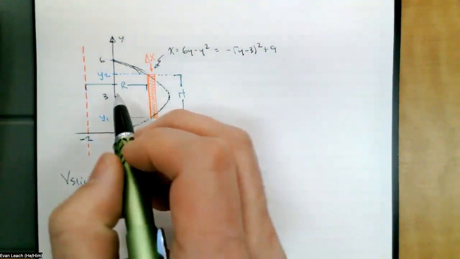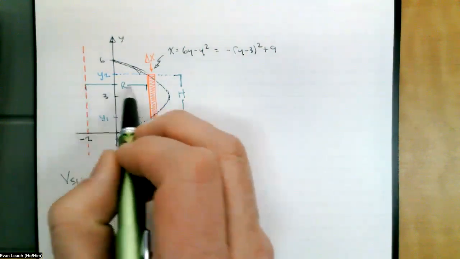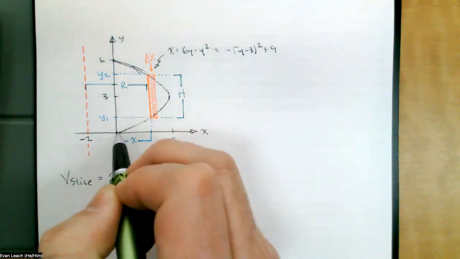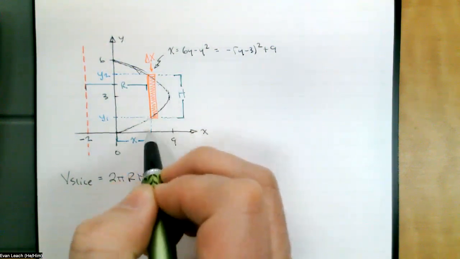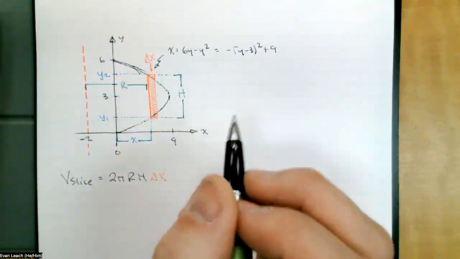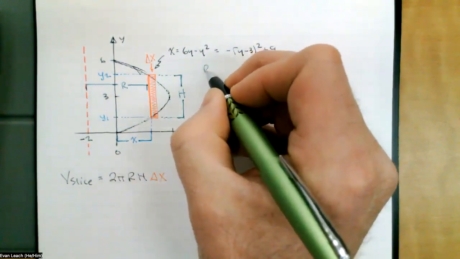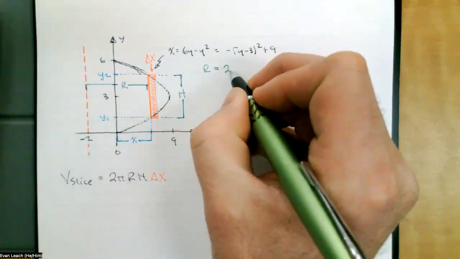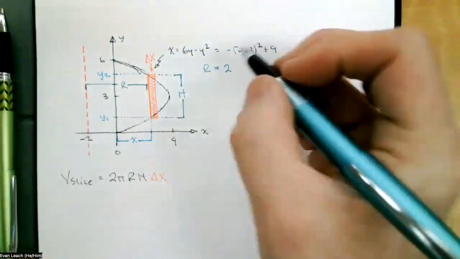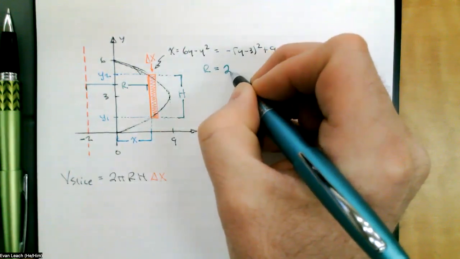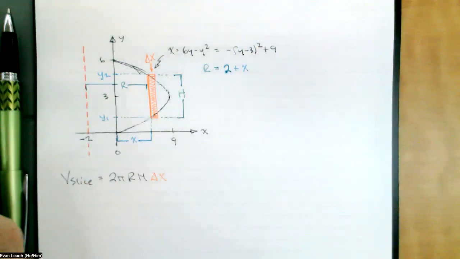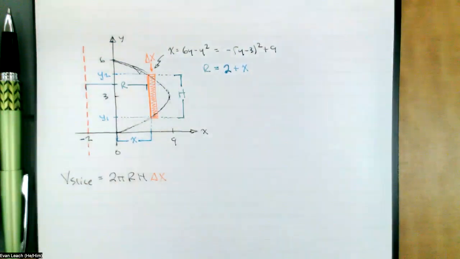So R, we can see, is from the axis of rotation to the slice. The slice always has the same x. So it starts off here at 0 and then goes up to 9, but it's always that one x value determining the slice. So our radius R is just 2 plus x. 2 for the gap plus x to get to the slice inside the region.